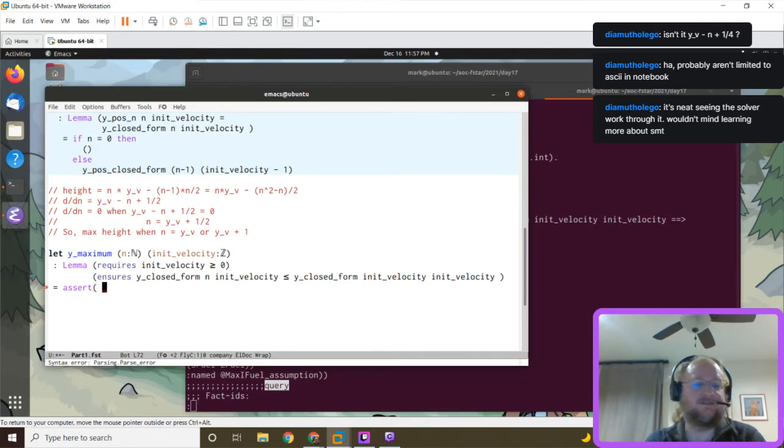So let's just play the game of what does it know? Does it know that if we decrease n by 1, then the height is lower before that point?